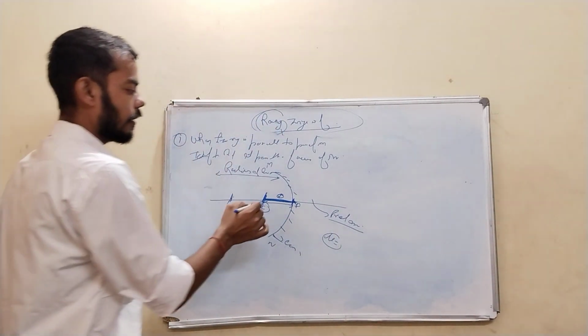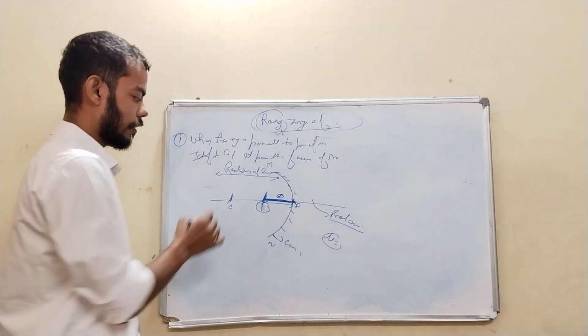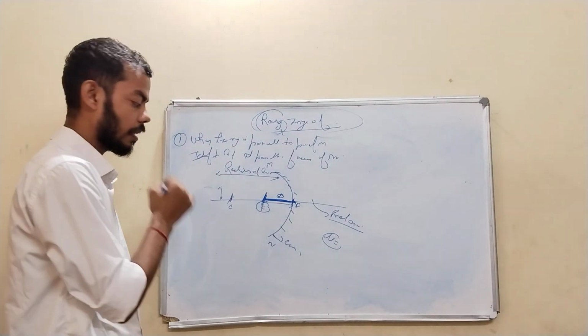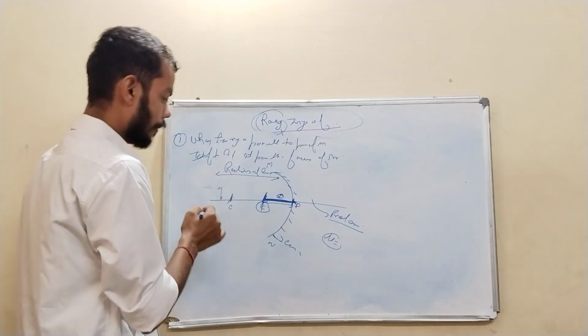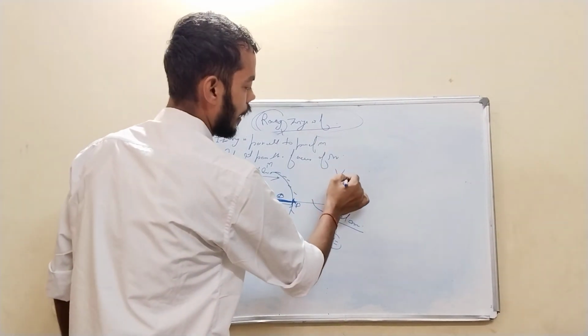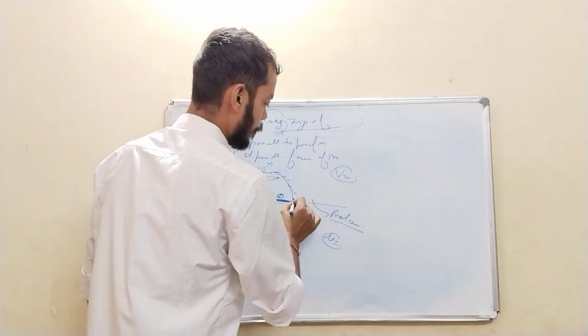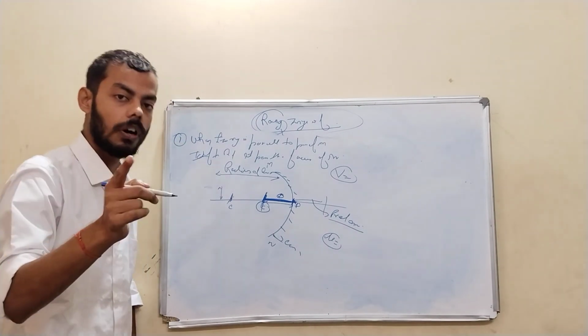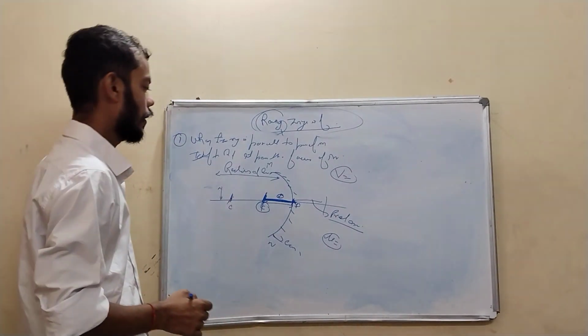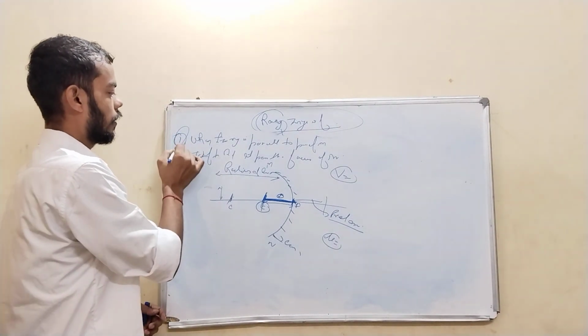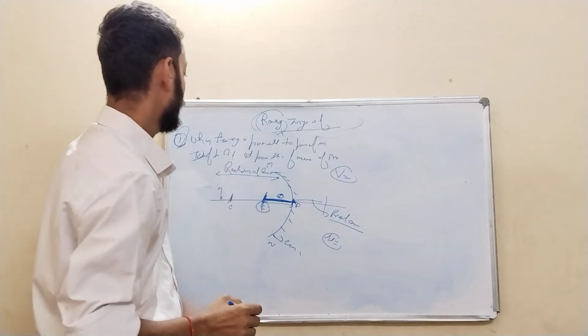The object distance is the distance between the object and the pole of the mirror. And what is the image distance, which is denoted by v? The image distance is the distance between the pole and the location of the image formed.